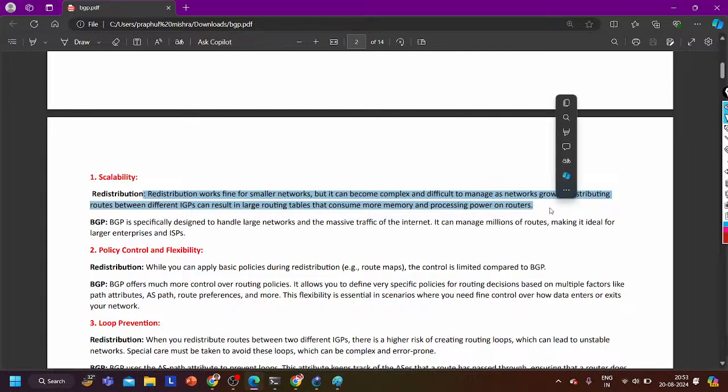It can increase the CPU utilization of the router, right? So we cannot perform lots of redistribution in the network. Between 100 companies, if you are thinking that we will perform redistribution 100 times, no, brother. So we came up with BGP to overcome this issue.